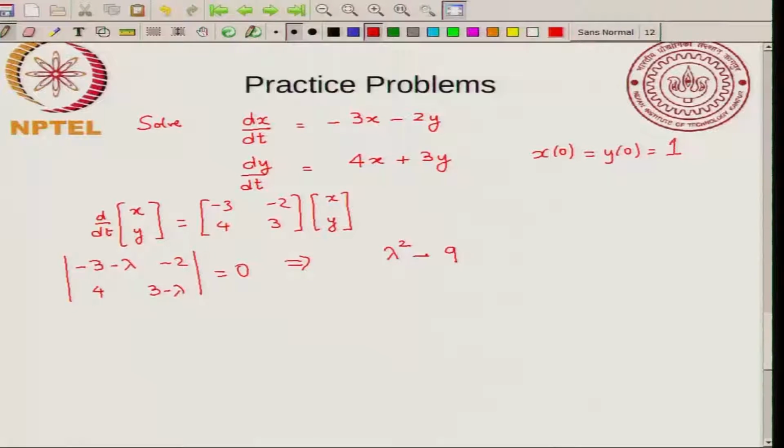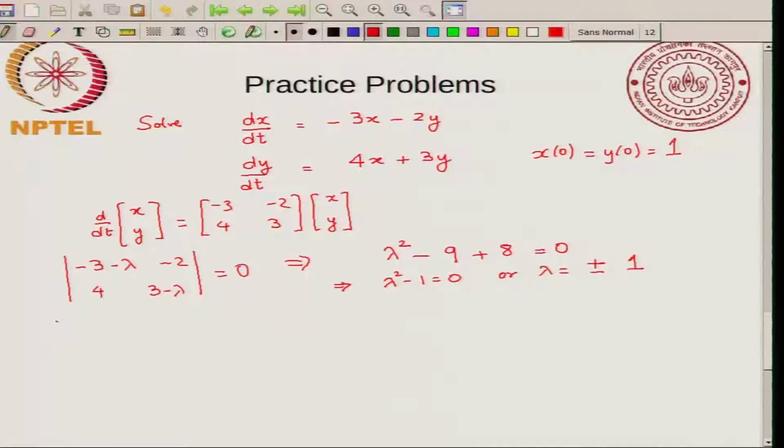So lambda square minus 9 is what I get from this, and then I will get plus 8 equal to 0. So this implies lambda square minus 1 equal to 0, or lambda equal to plus or minus 1. So our two eigenvalues are plus 1 and minus 1.